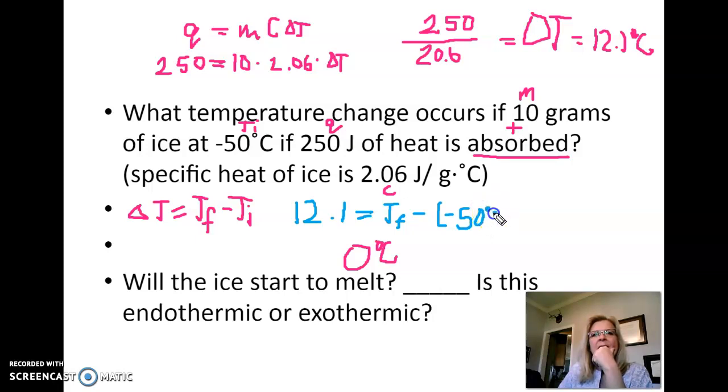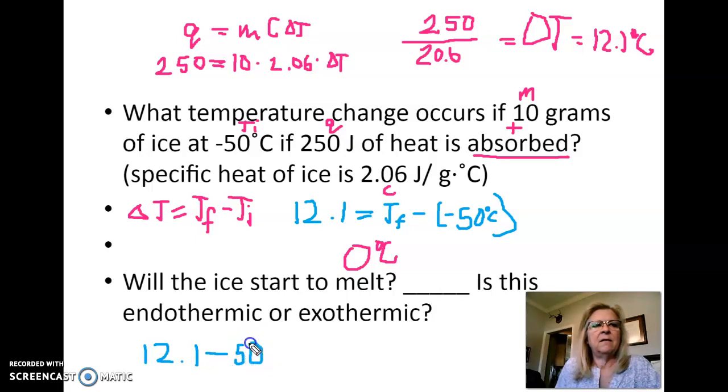Okay? And I'm going to solve by recognizing that a negative times a negative is a positive, and then I'm going to have to transfer that positive number over to the opposite side. So I'm going to finish up doing 12.1 minus 50 equals negative 37.9.